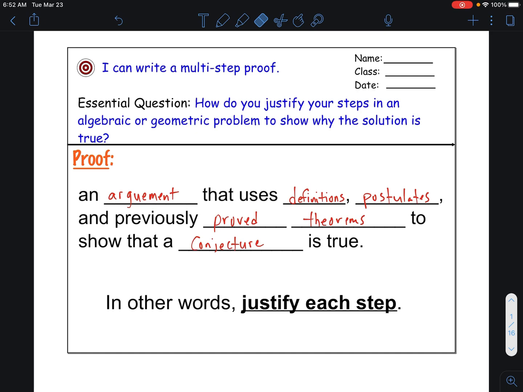So sit back, relax, let's pay attention, and know that any argument, like if you're a lawyer trying to win a case, or if you were talking to your parents about getting your driver's license, and they say, here are the things that you need to do and justifications why, or why you think you should get something from your parents, everything needs to have some sort of justification for it, right?